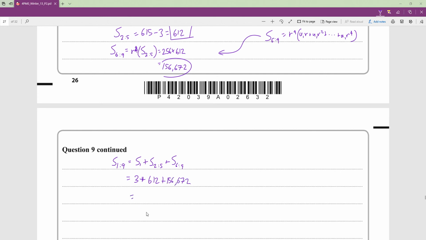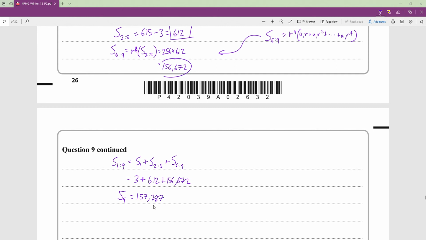You put that all in the calculator to sum up. And you get your final answer for the sum to 9 terms, 157,287.